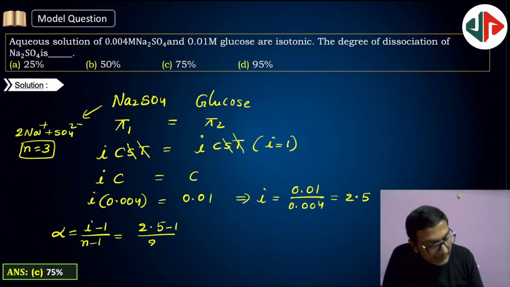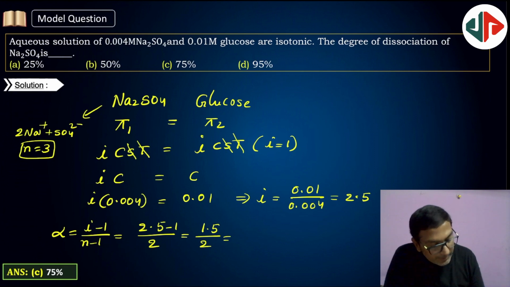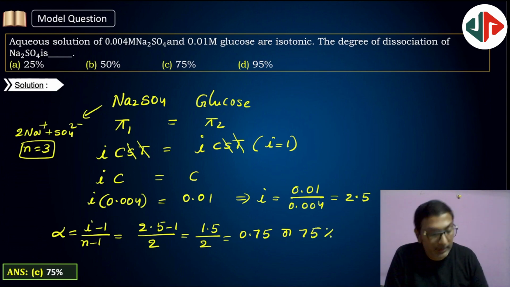So (2.5 minus 1) by (3 minus 1), that is 1.5 by 2, which is 0.75 or 75%. Option C. Next.